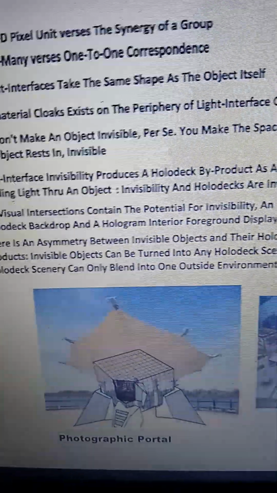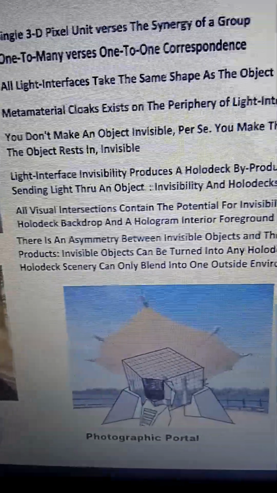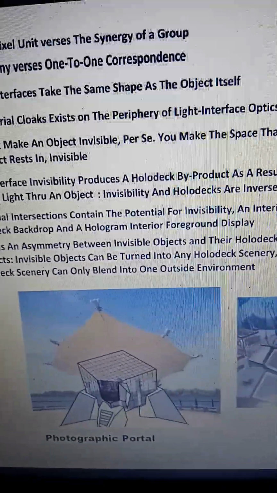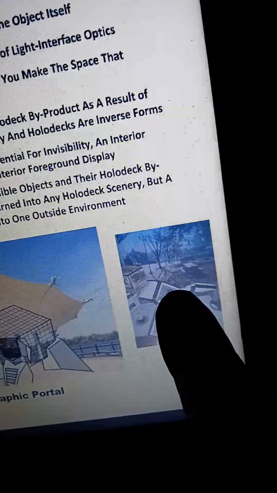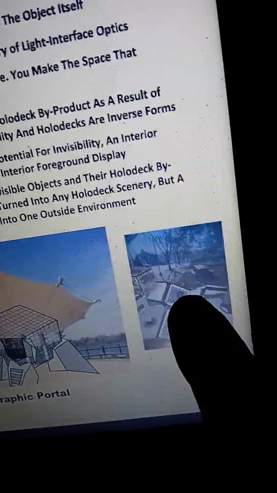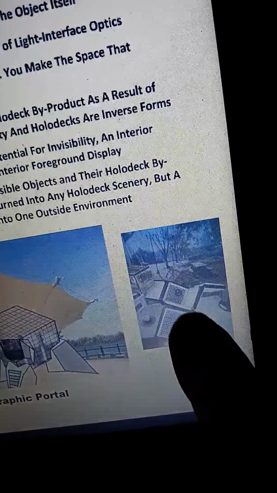All visual intersections contain the potential for invisibility, an interior holodeck backdrop, and a hologram interior foreground display. For the photographic portal, this was the dog toy I was going to use as the most easily available image to pull up.